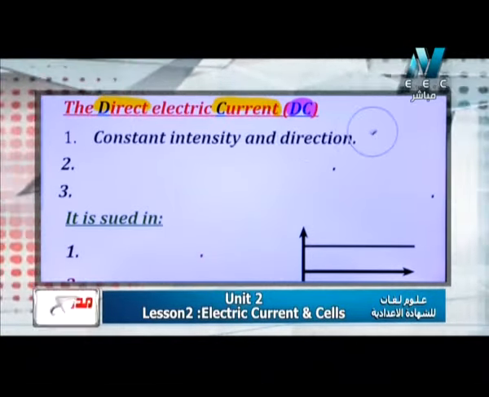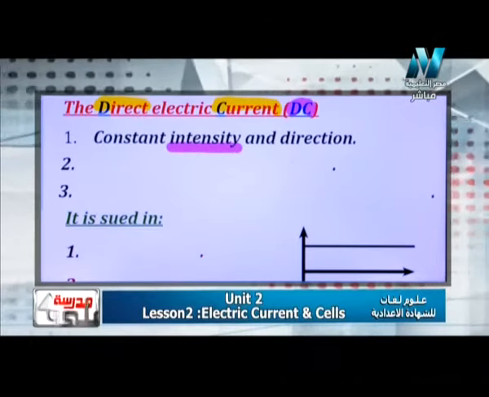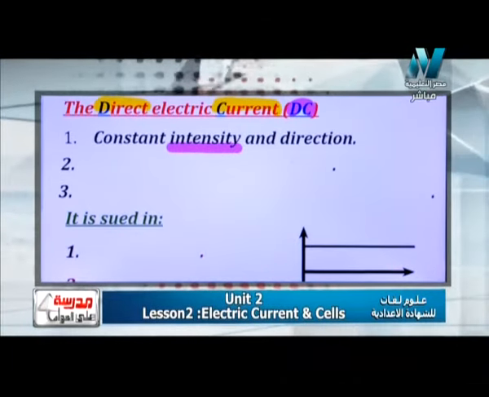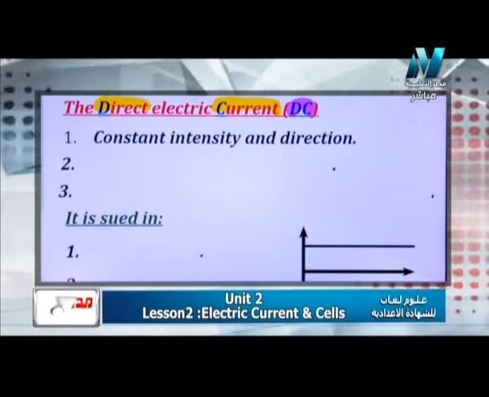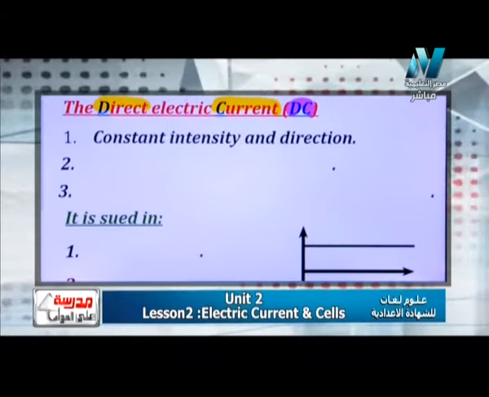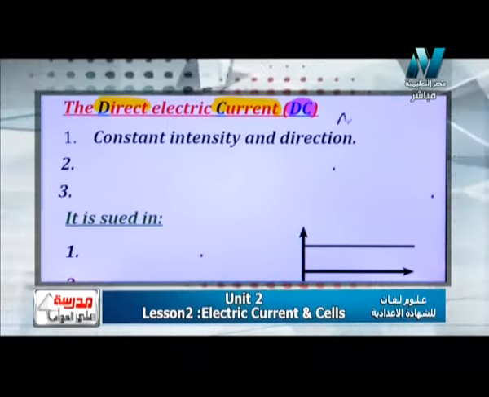It has constant electric current intensity that does not change, and constant direction at the same time. Its direction is constant, which means it doesn't change. If it moves from point A to point B, it has a constant direction, not from point B to point A. It has only one direction.